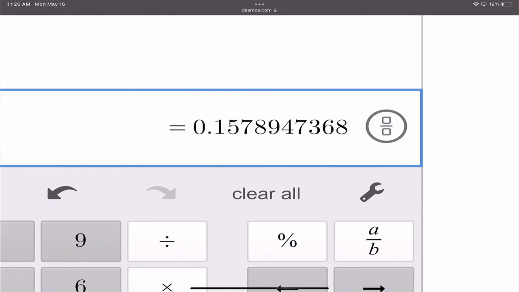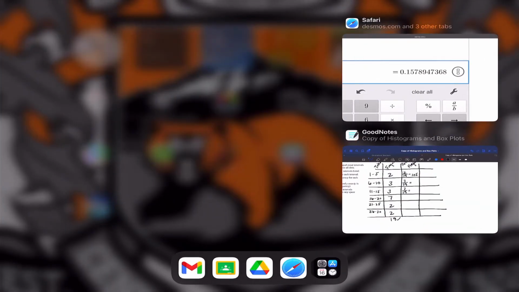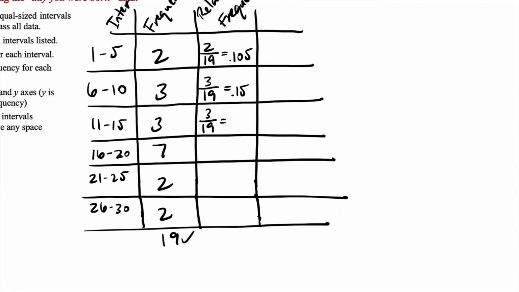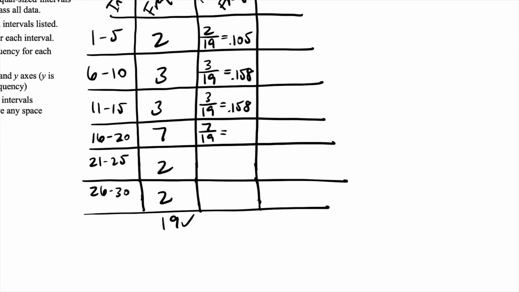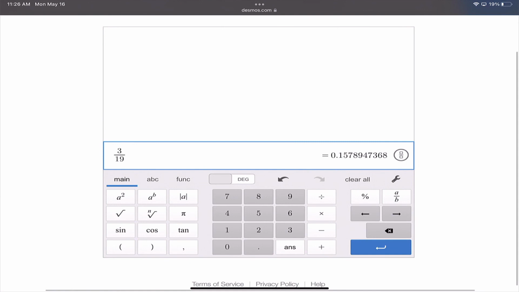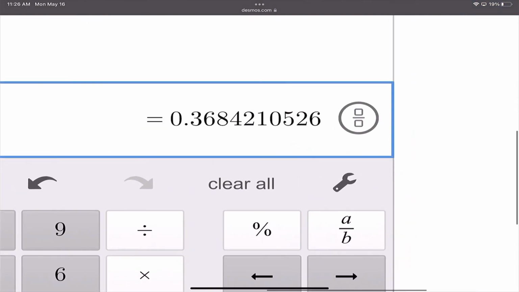So 158. Now the next one is 7 out of 19. Seven divided by 19. The biggest one so far, 0.3684. 4 is less than 5, so I'm going to leave 8 the way it is. So 0.368.